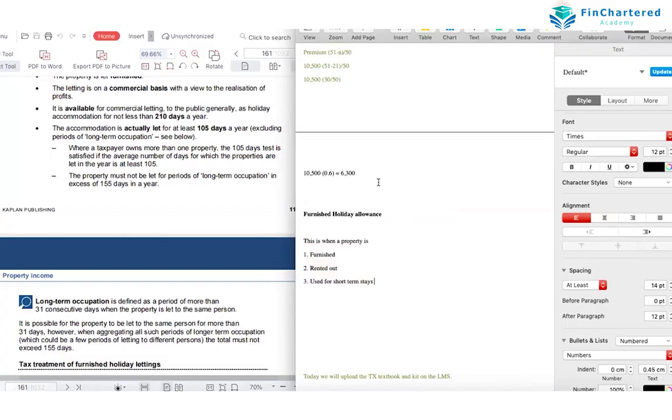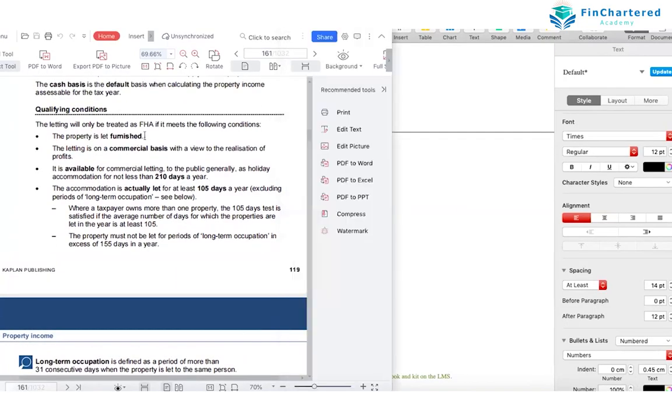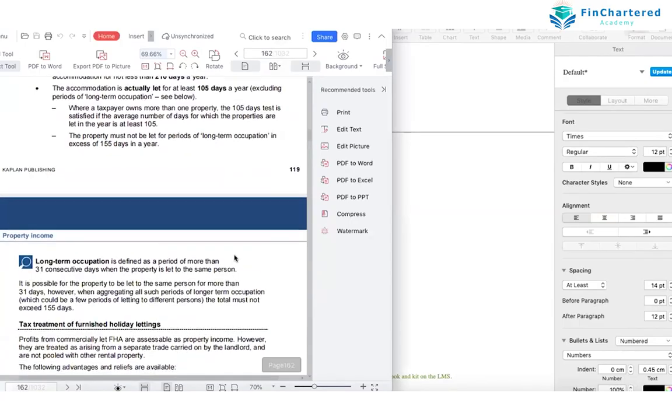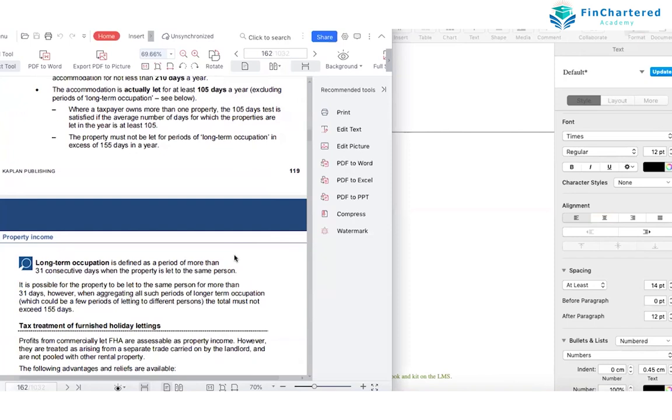But this is what will be a furnished holiday letting. It has to be furnished, it has to be rented out, and it has to be rented out short term, right? However, the time period that we're talking about, we will look at.